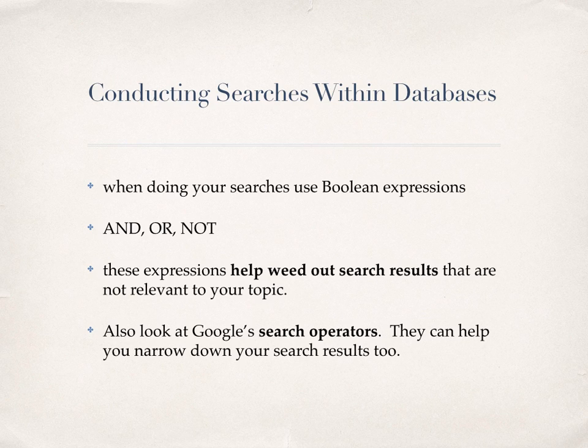Just make a point when you conduct searches within databases, you can use Boolean expressions: and, or, not. They help you weed out search results that are not relevant to your topic when doing a search on the internet. And also, look at Google search operators. You can type in Google search operators, and you'll find different ways to narrow down articles or information you're looking for.